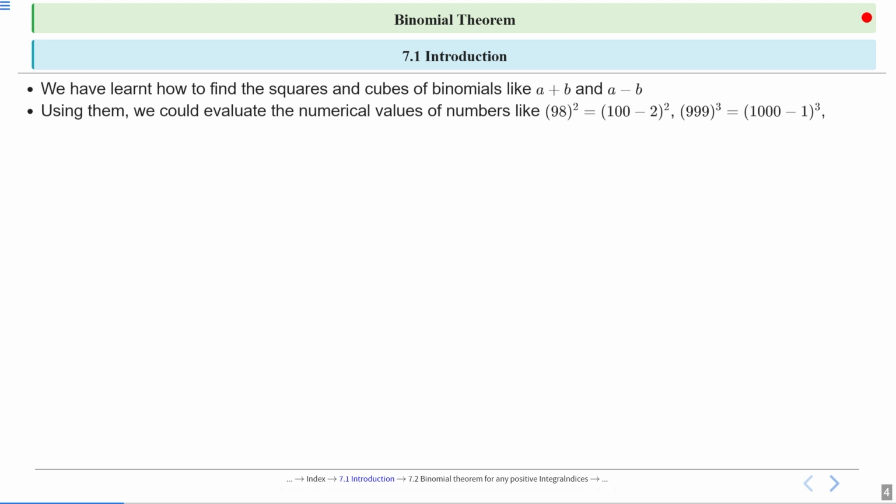Now, using them, we could evaluate the numerical values of numbers like 98 whole square. So 98 whole square can be written as 100 minus 2 whole square. And we can evaluate 999 to the power 3, which can be written as 1000 minus 1 cube.